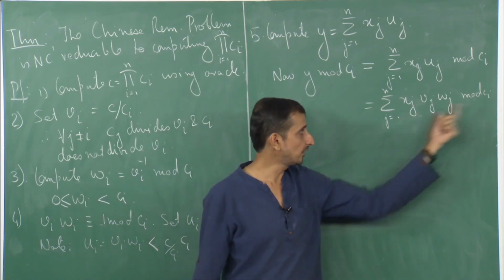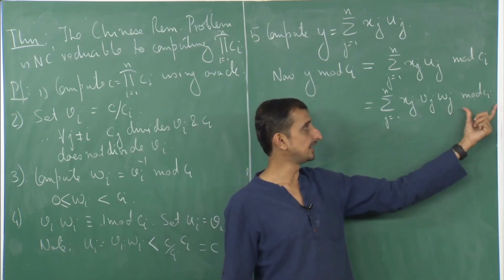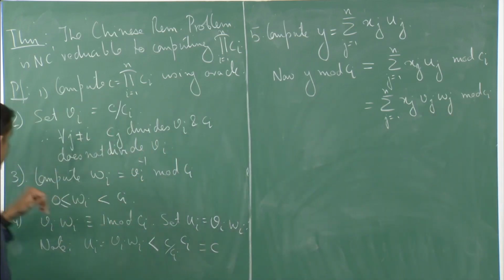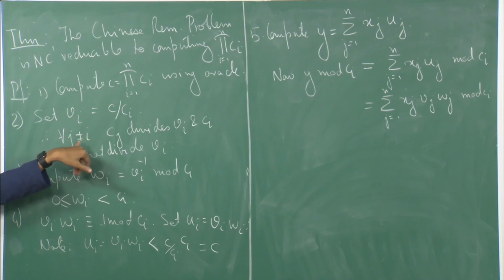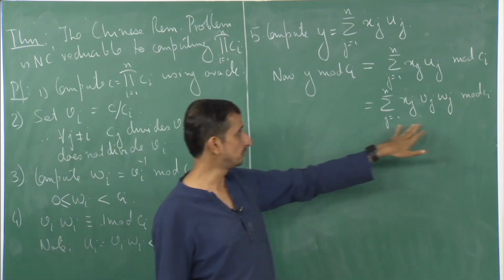So look at all the terms when j equal to 1, j equal to 2 and so on. What happens when I divide by Ci? Look at these Vj's. When j is not equal to i, for every such j, Cj divides Vi. So what will happen to all those terms?